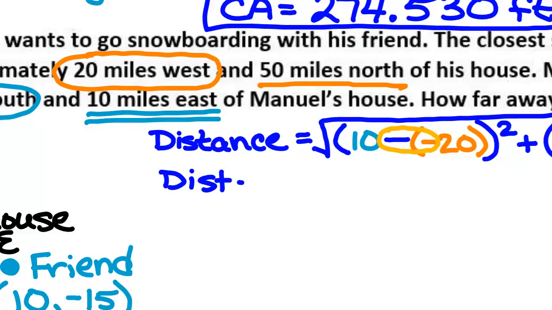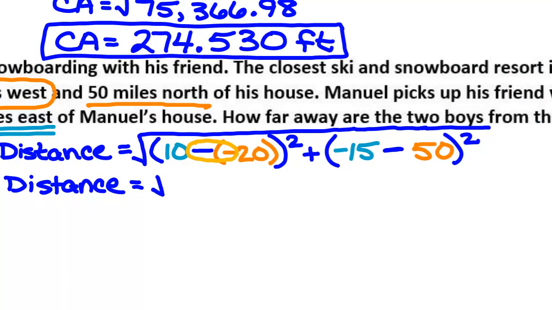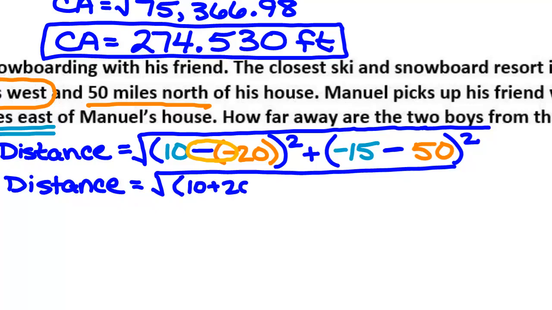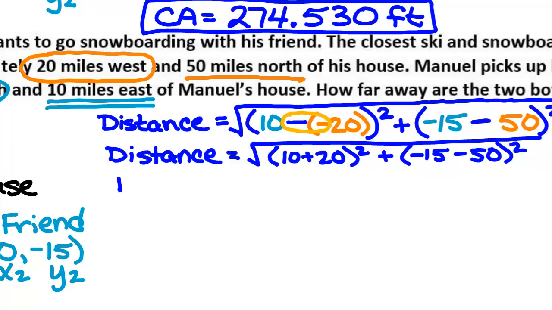Positive. So on my distance problem, I have my big square root. Inside the first set of parentheses, I have 10 plus 20 squared plus negative 15 minus 50 in the other set of parentheses, squared. What do I get when I simplify the first set of parentheses?